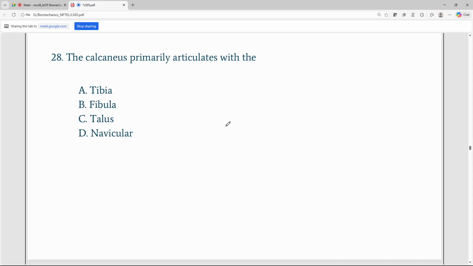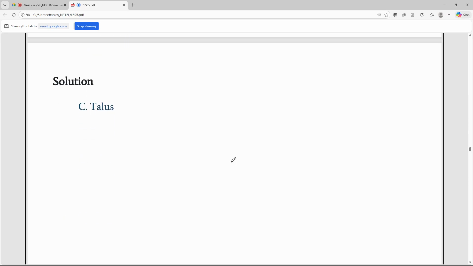Answer is option C, that is talus. The calcaneus primarily articulates with the talus.